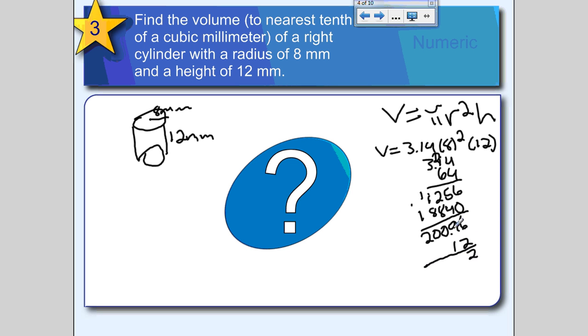Multiplying it out and adding them up, with 2 decimal places, that's going to give me volume equals 2,411.52 millimeters cubed.